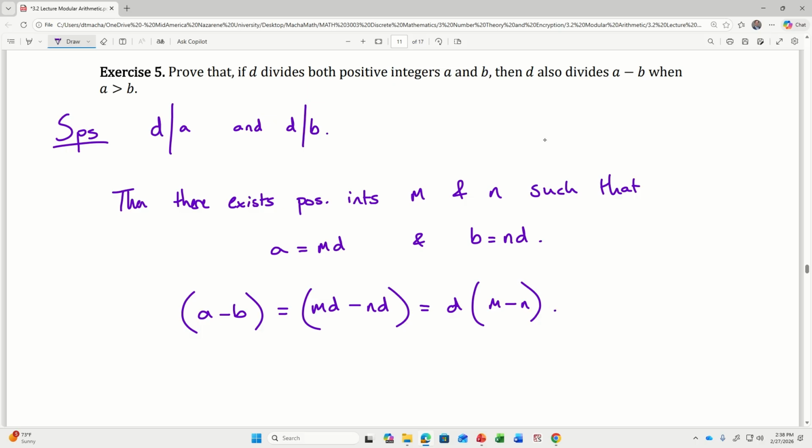And since m and n are positive integers, m minus n is an integer.